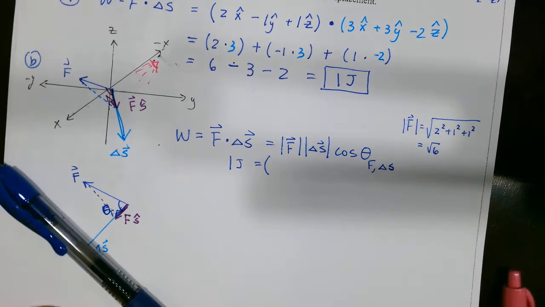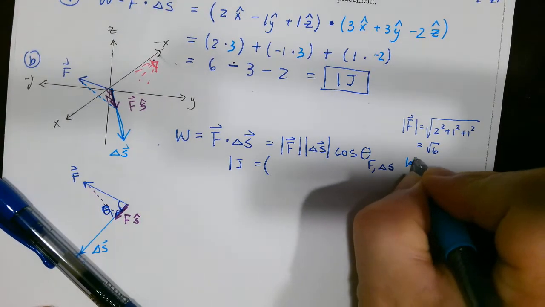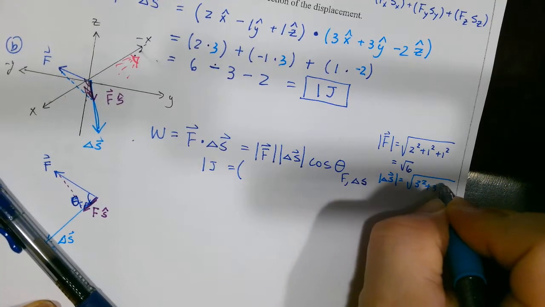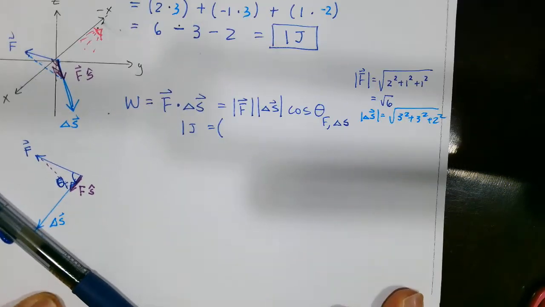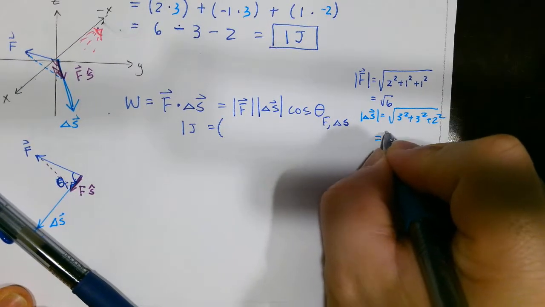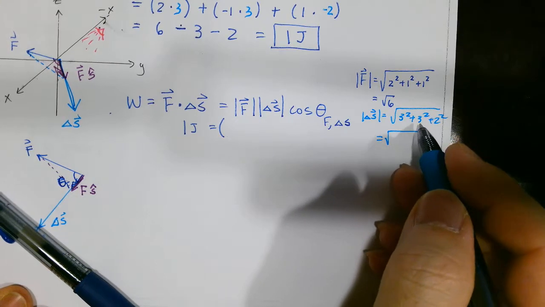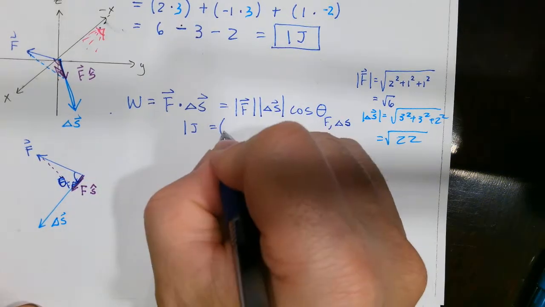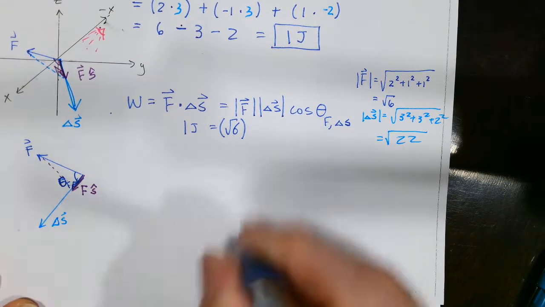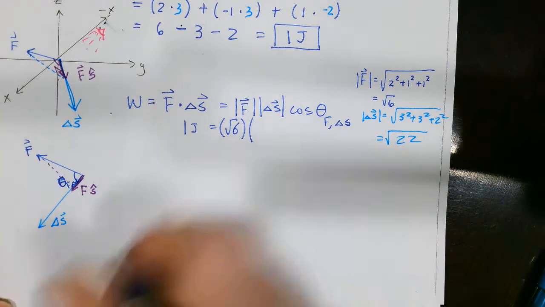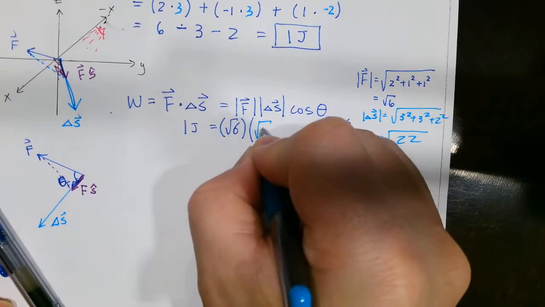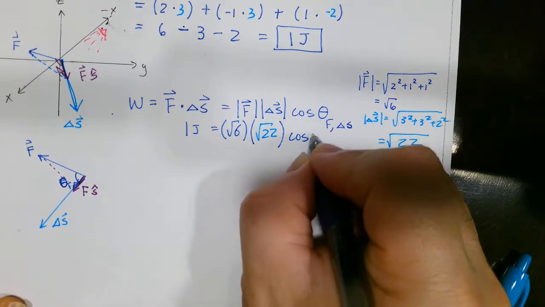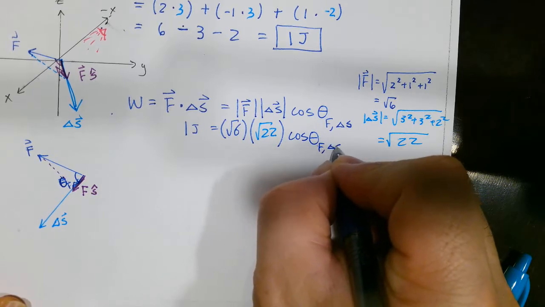And the magnitude of my delta S is equal to square root of 3 squared plus 3 squared plus 2 squared, which is square root of 9 plus 9 plus 4, which is 22. Okay, so here I have radical 6 times radical 22 times cosine of theta between F and delta S.